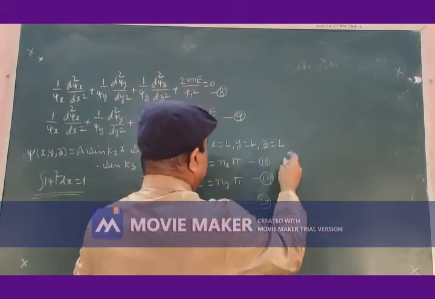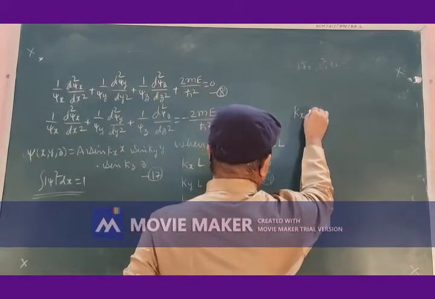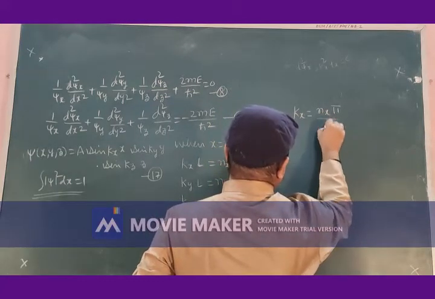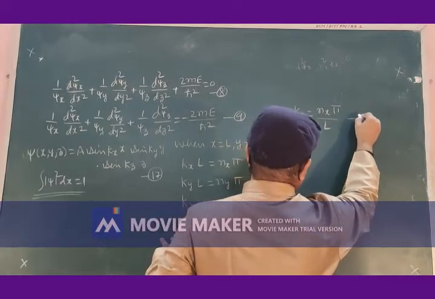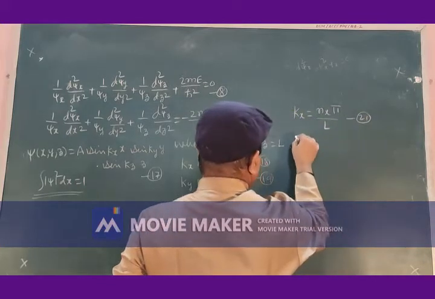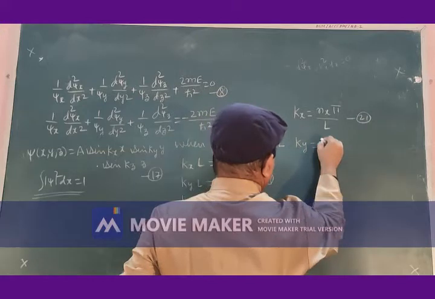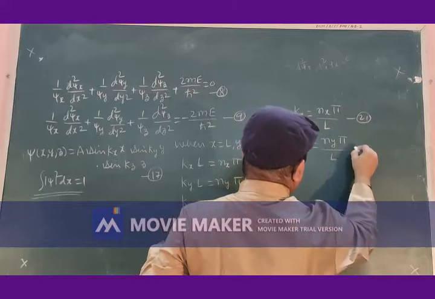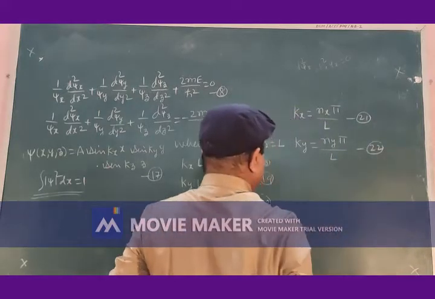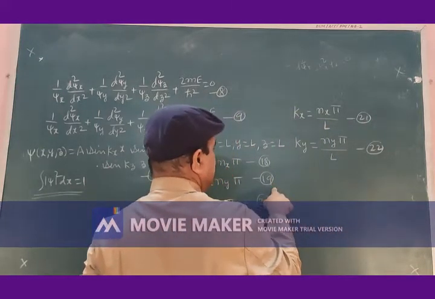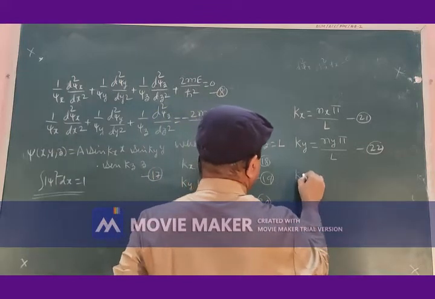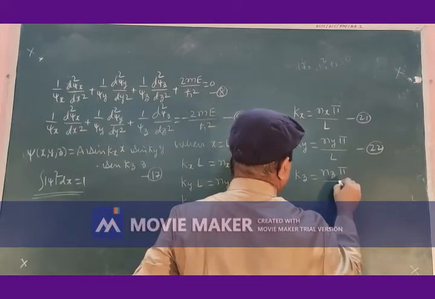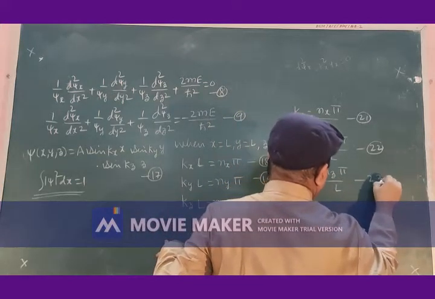From 18, kx will be equal to nx pi divided by L, equation number 21. ky will be equal to ny pi divided by L, equation number 22 from 19, and from 20 kz is equal to nz pi divided by L.